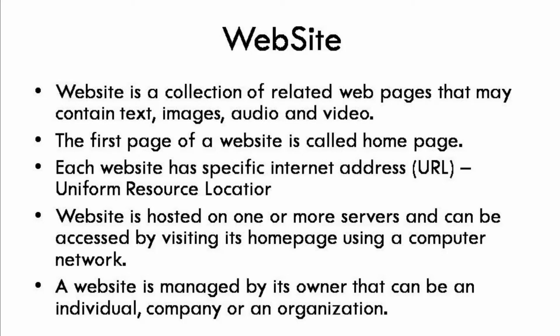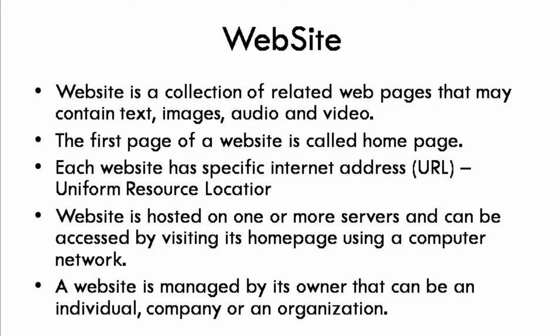A website is normally hosted on one or more web servers and can be accessed by visiting its home page, and the remaining pages are navigated through hyperlinks, and it can be accessed using the internet or a computer network.